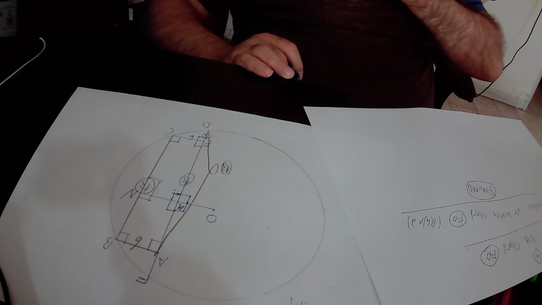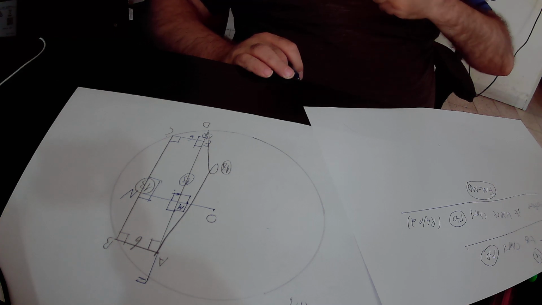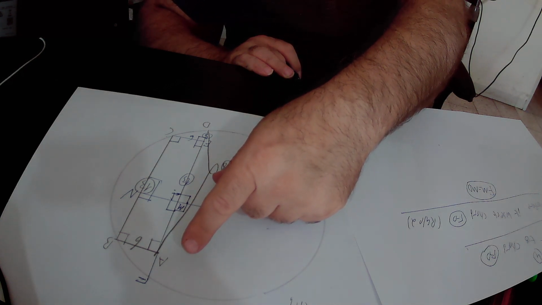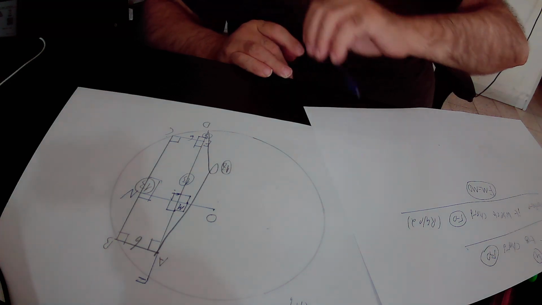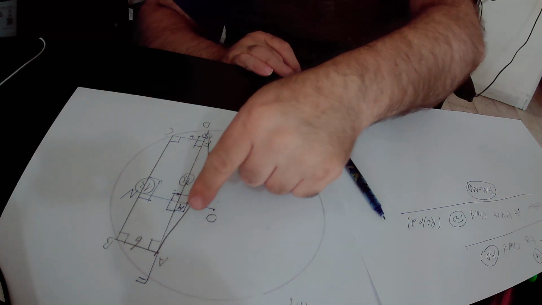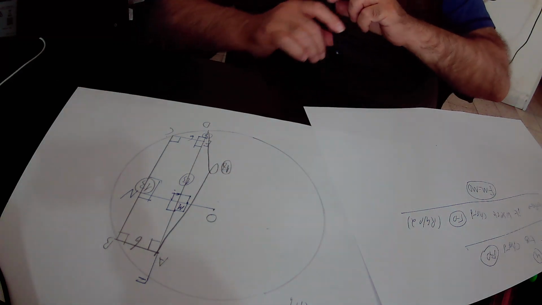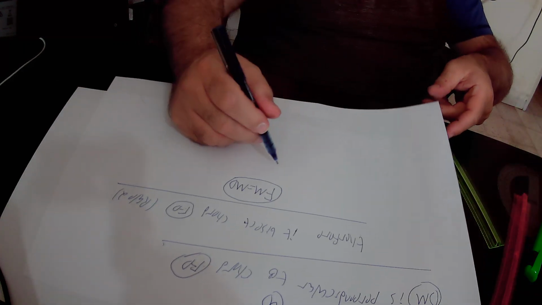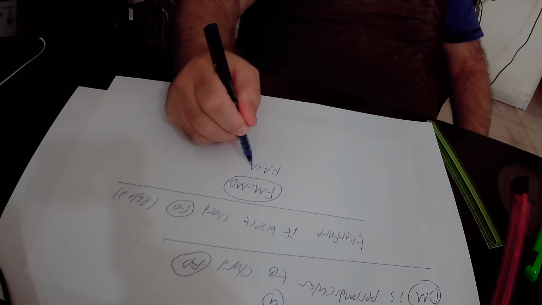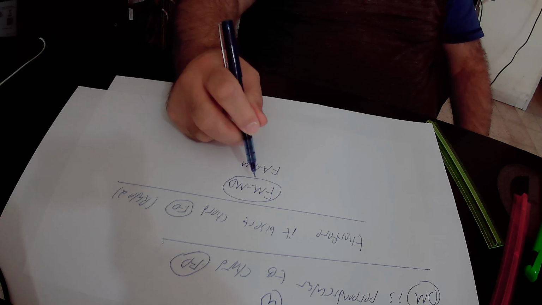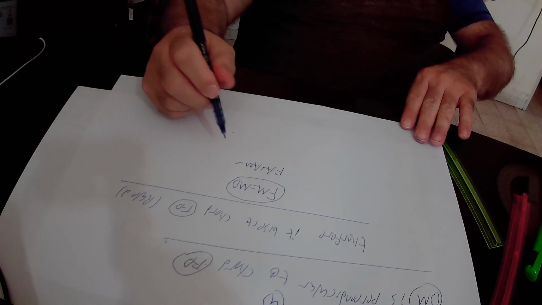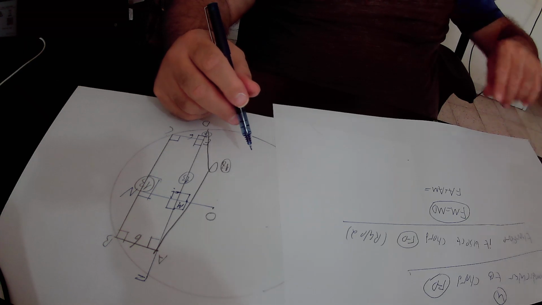Okay? But FM is also equal to FA plus AM. FA plus AM equals FM. So we substitute FM by FA plus AM, and FM equals MD.